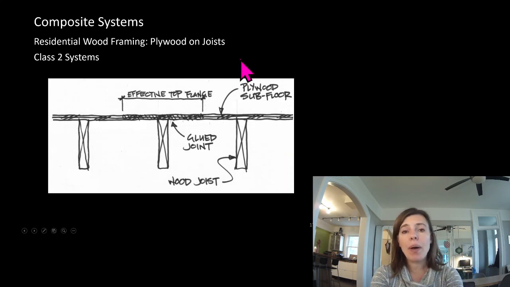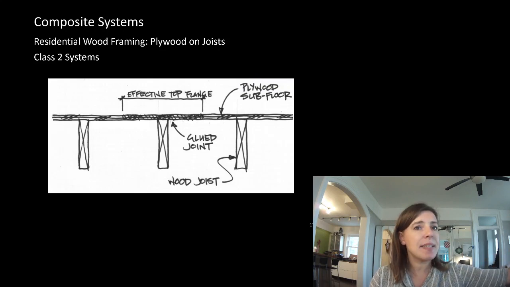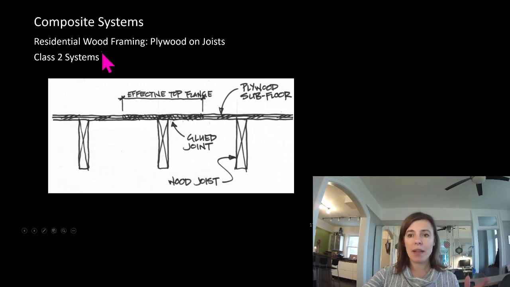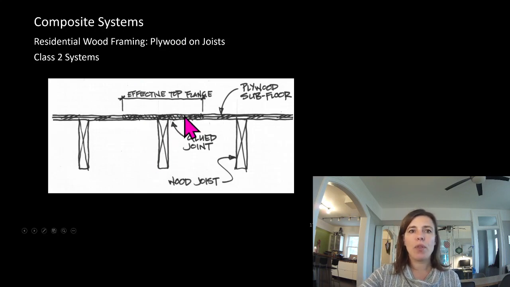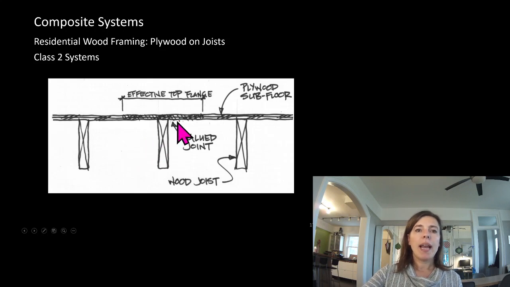When we were talking about wood systems, you remember when I talked about the case system, or the class system, whether it was class 1, class 2, or no class at all. No class meant that it was just acting on its own. So if there was no plywood on here and you stood on just this joist all by itself, it was doing all the work on its own. And I explained how, if we're standing on this, it's trying to drag the plywood down with it.